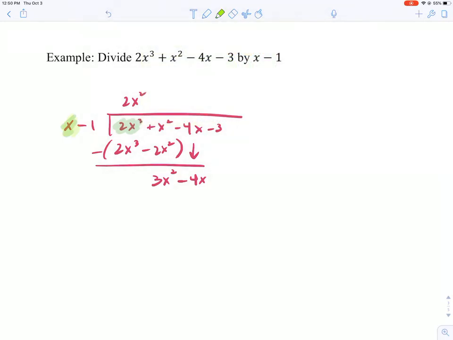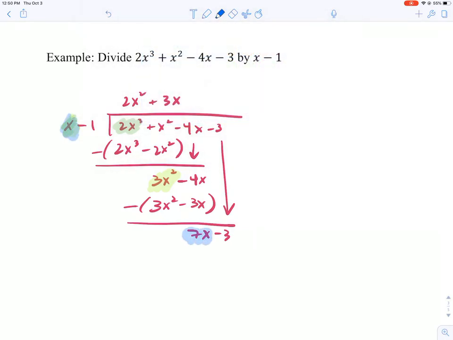And we'll think what times x would give us 3x squared. So multiply. And we get 7x and can bring down the minus 3. And then what times x would give us 7x.